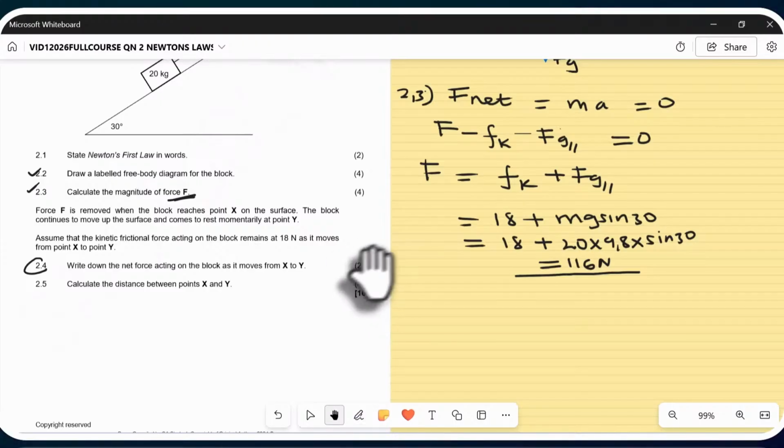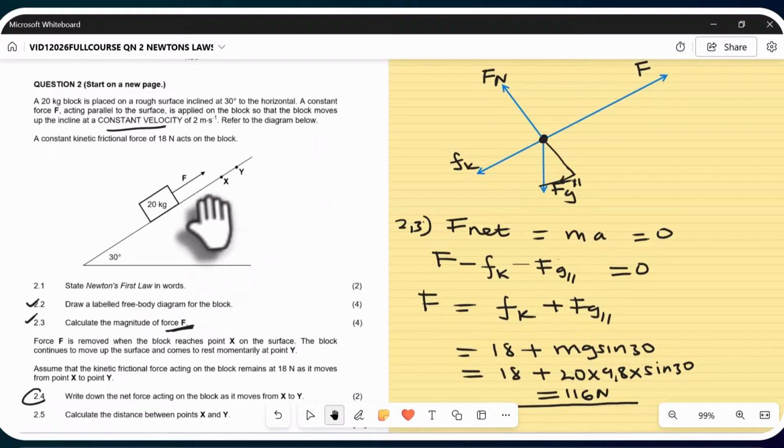But when we reach point X, they remove the force F. You see that? The force F is being removed.